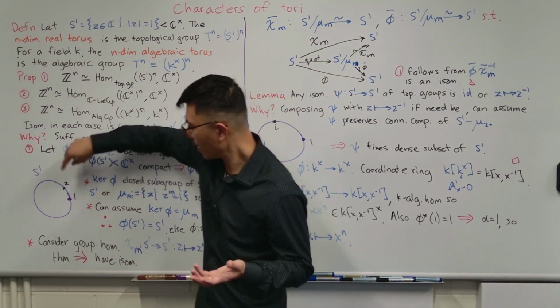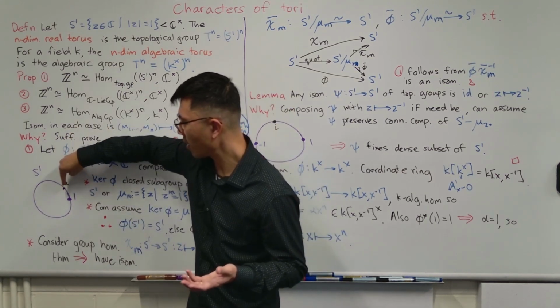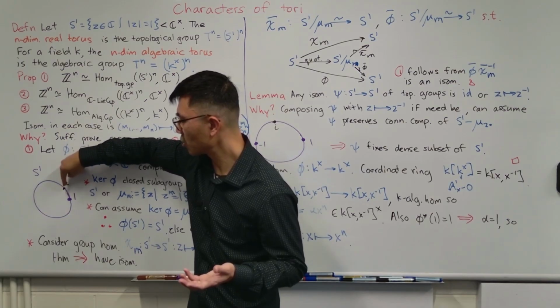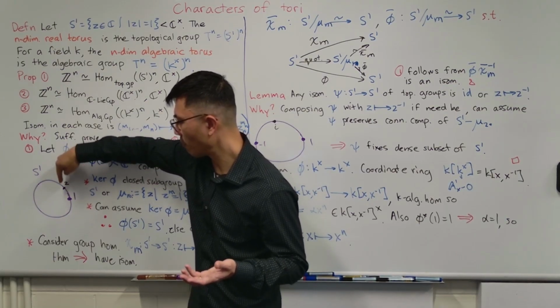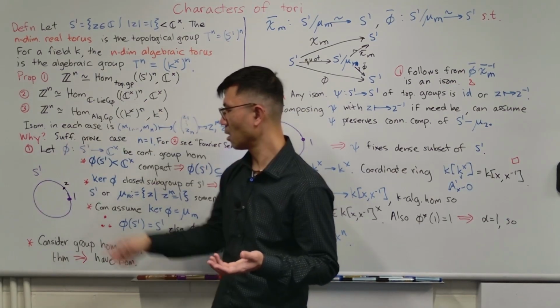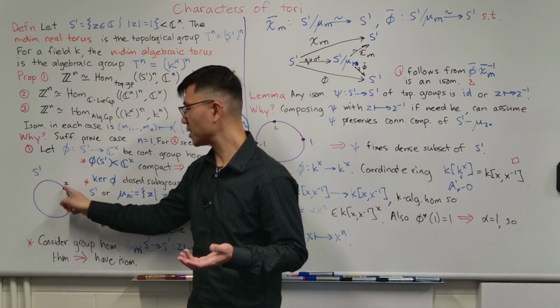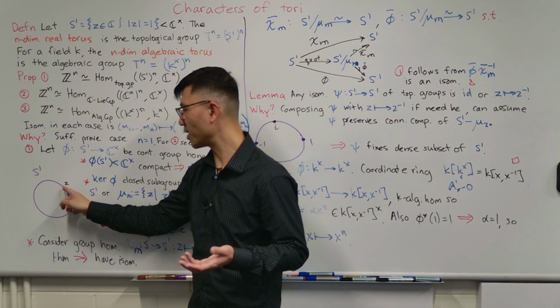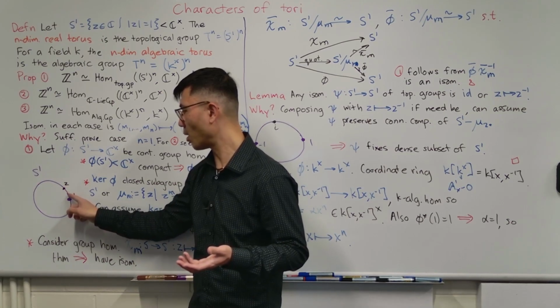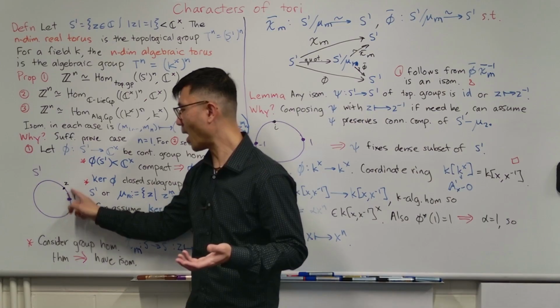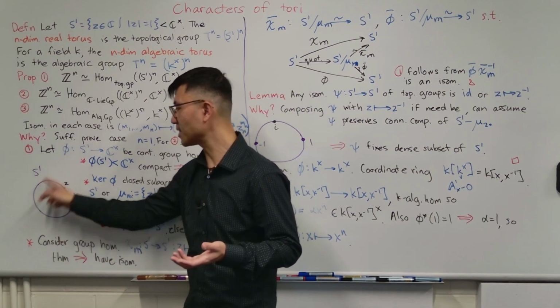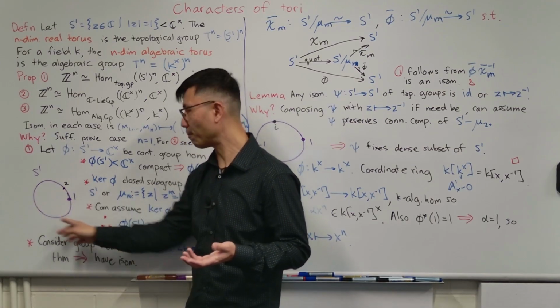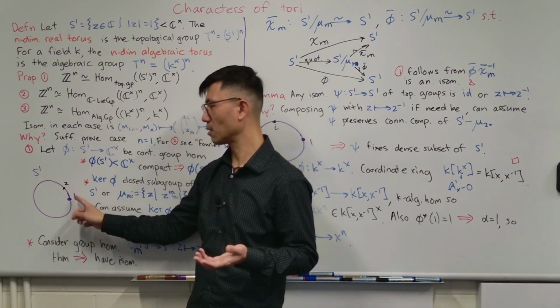So suppose inside this kernel phi you have these elements which go towards 1 from the top like this. Well, remember, if you have this z, you have all the powers of it as well. So if you have this with some smaller and smaller positive argument, the powers of it will cover a denser and denser subgroup of S1.